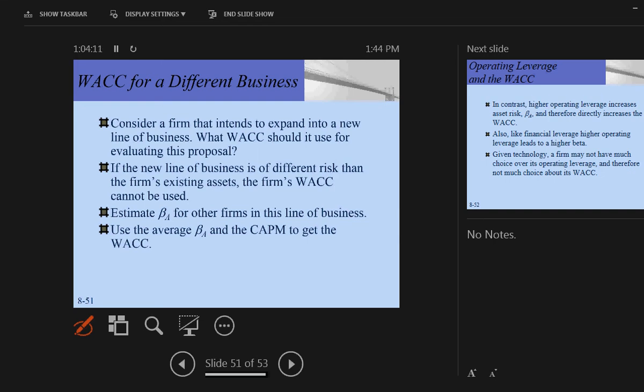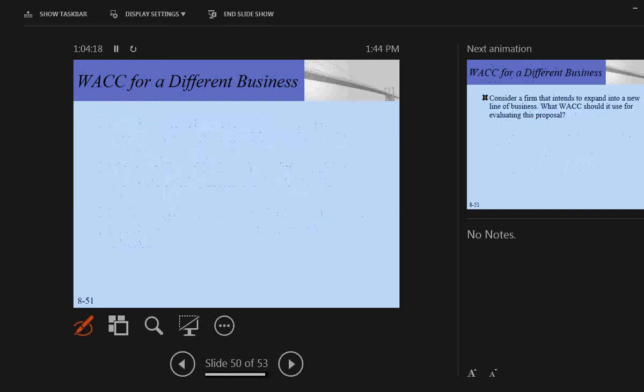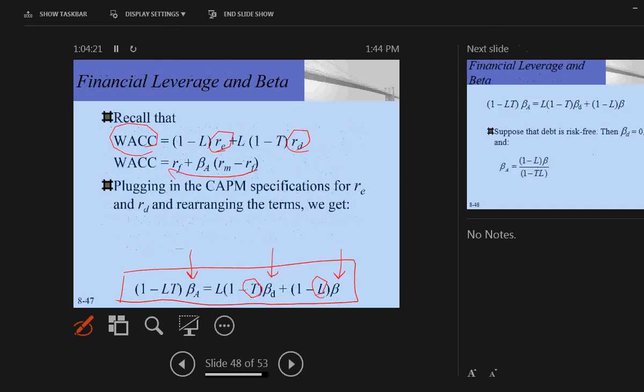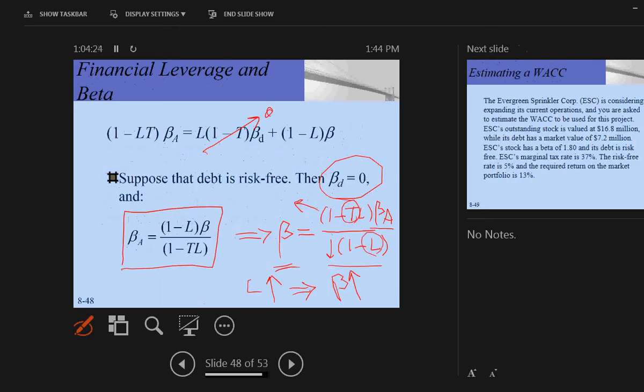Those firms could have different levels of leverage. So you're going to use the different levels of leverage of those firms, and then go back to this formula here. This formula for beta A is going to convert stock betas from those companies that run that particular business to asset betas for those companies.